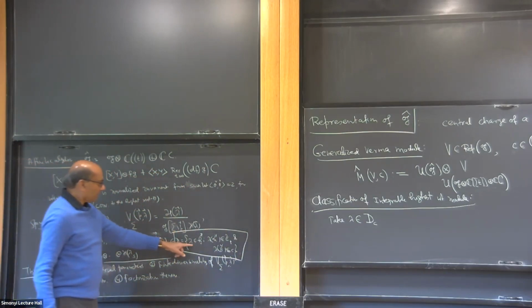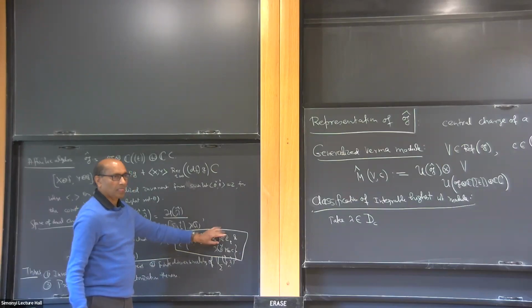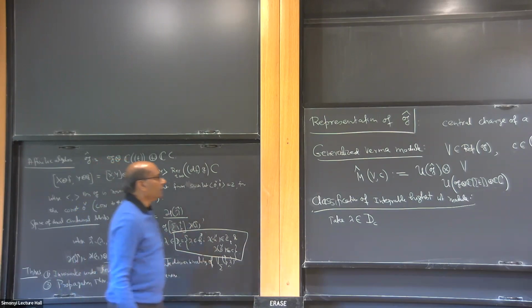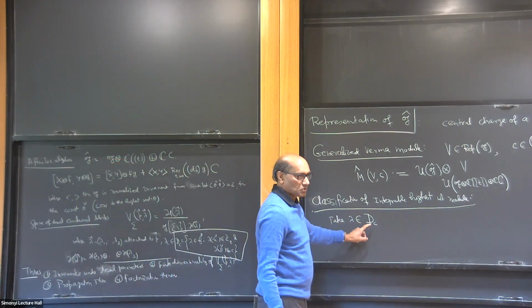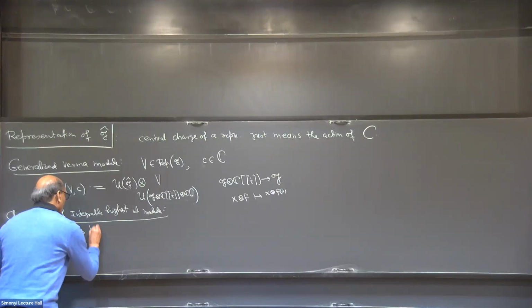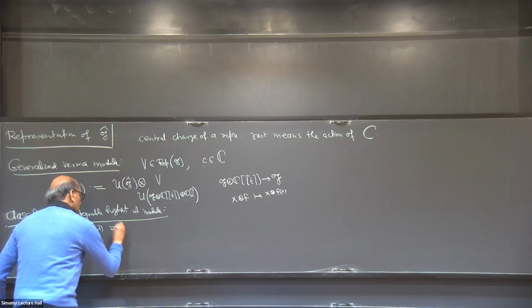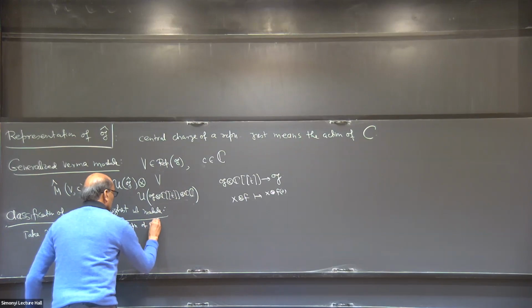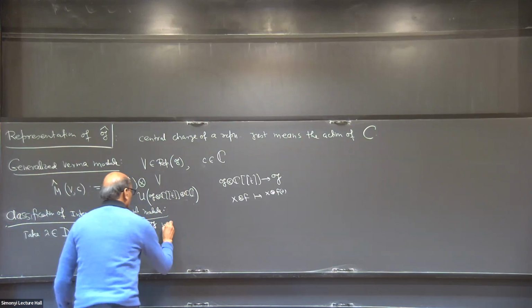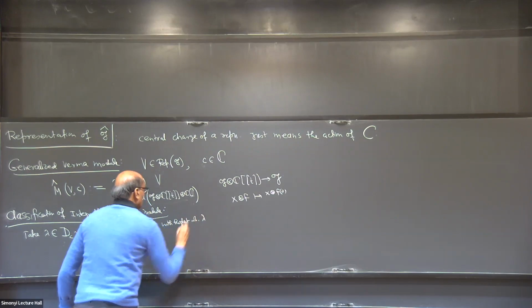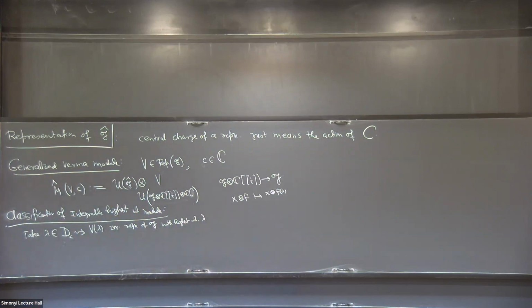So DC is dominant integral weights for the finite G with this additional condition. So now let's take lambda in DC. So in particular, it's a dominant weight for G. So this gives me a V lambda, irreducible representation of G with highest weight lambda. And of course, it's finite dimensional because I'm taking a dominant weight.